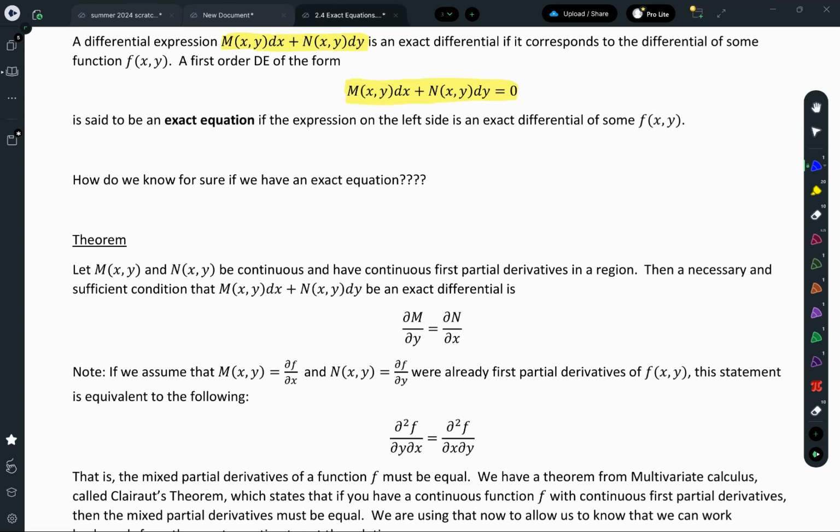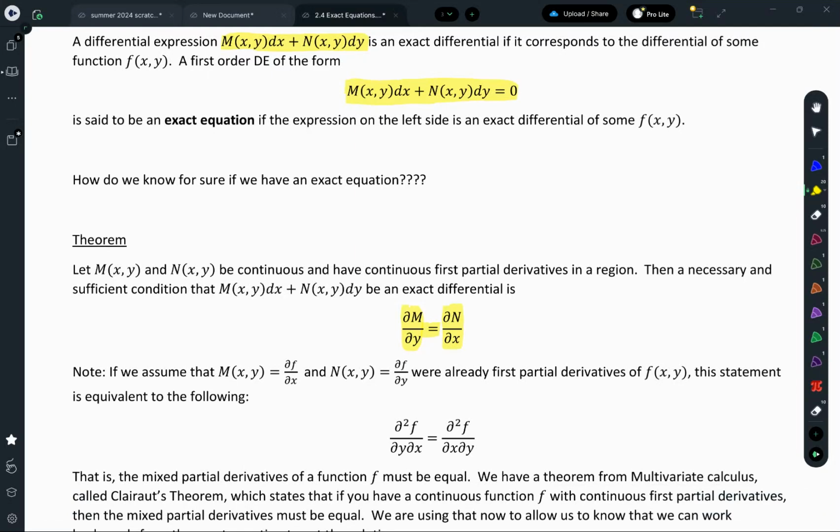Then a necessary and sufficient condition that M dx plus N dy be an exact differential is that if we were to take the M function and calculate the first partial derivative with respect to y, it would be equal to taking the N function and finding the first partial derivative with respect to x.